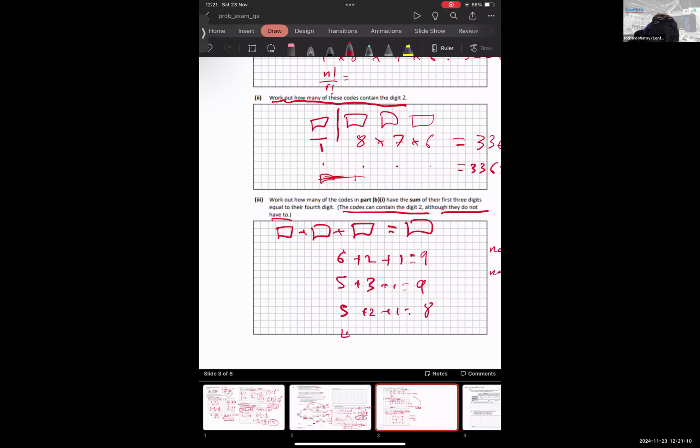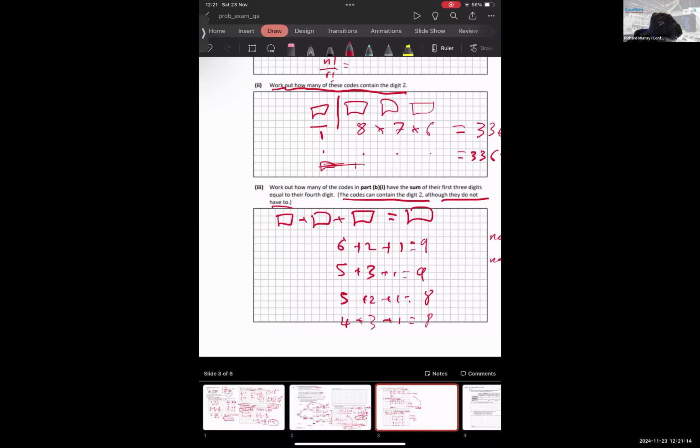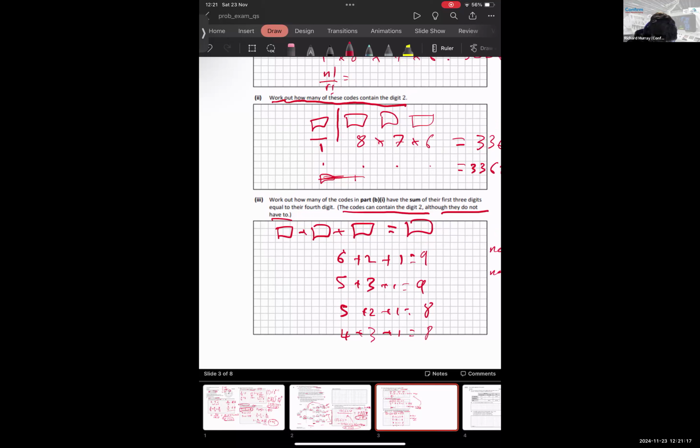We can also do a 4 plus a 3 plus a 1 is 8. And we can also do 7, which is 4 plus 2 plus 1. This is a case where you can just puzzle it out. There's no actual rigorous way of working this out.